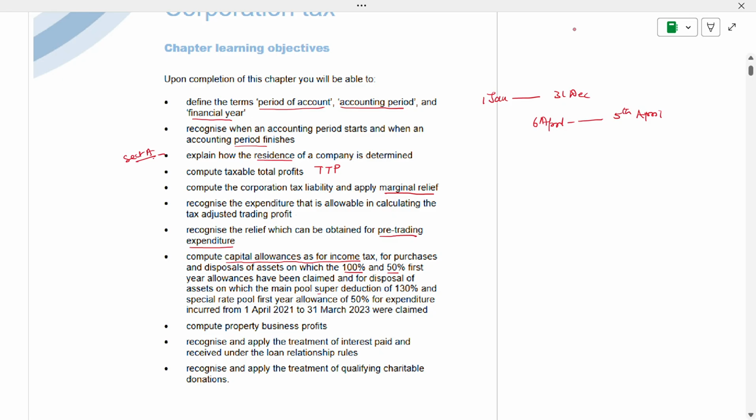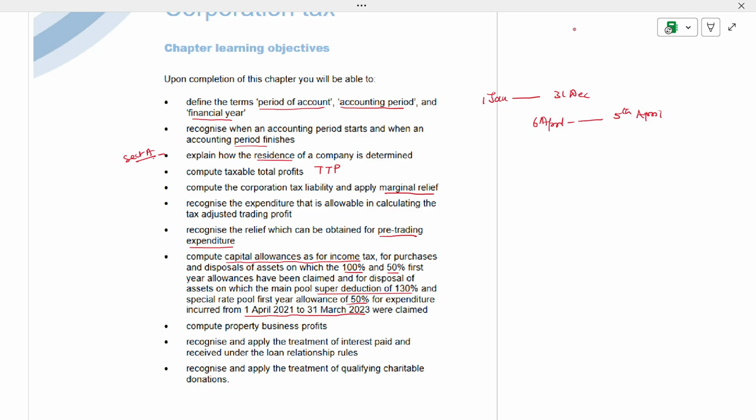There is one concept called super deduction of 130%. There is a special rate pool, first year allowance is 50% for expenditure incurred between 1st April to 31st March.